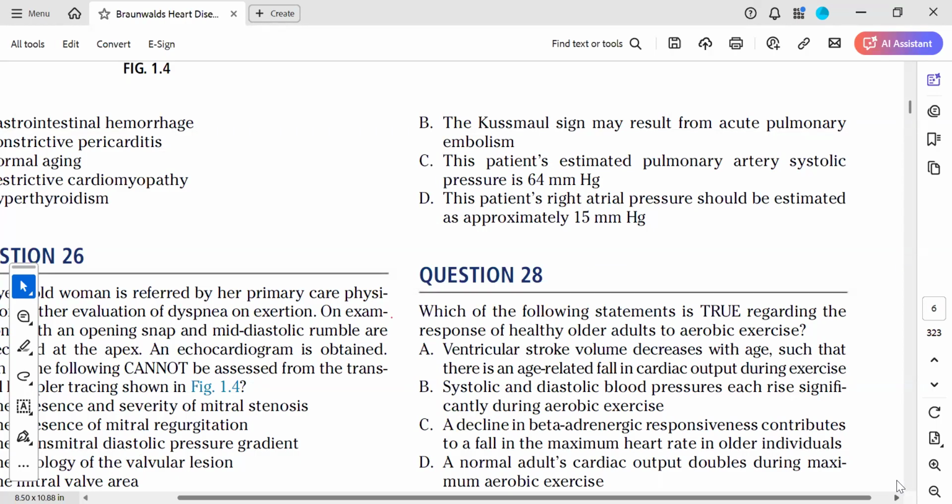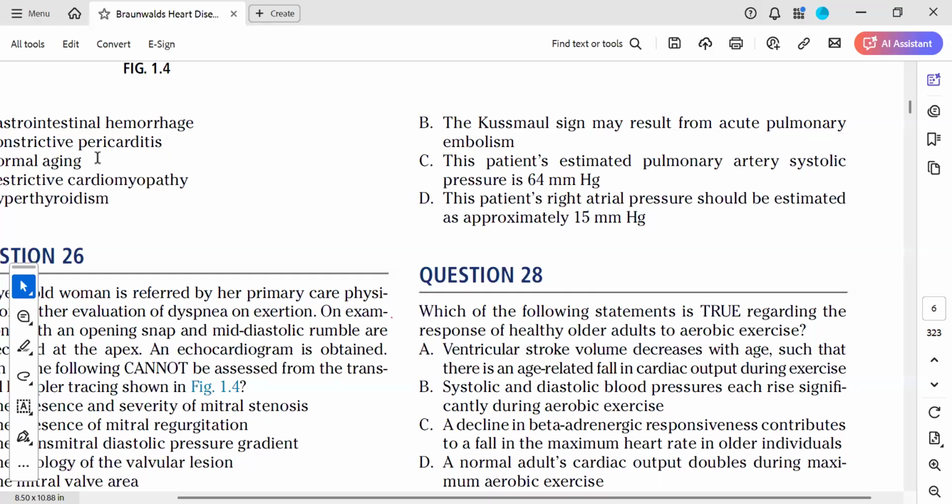Now, if it is greater than 2.1 and the collapsibility is more than 50%, the RAP in that instance too will also be 5 to 10. However, when it is greater than 2.1 and the collapsibility less than 50%, the RAP in that instance will be 15.